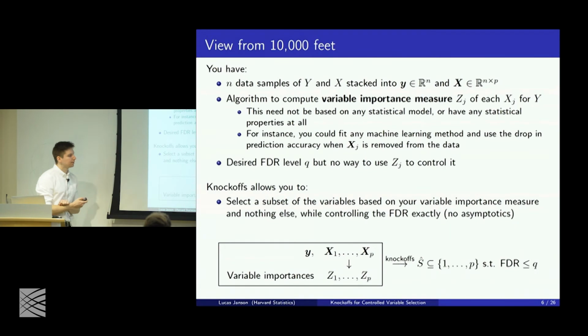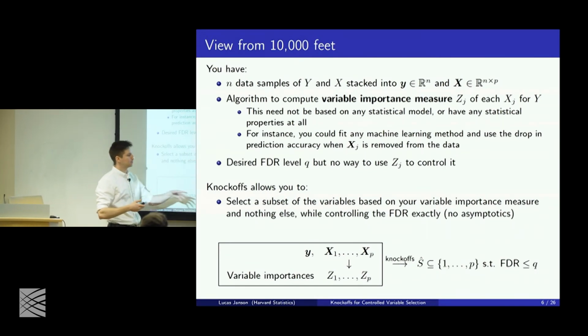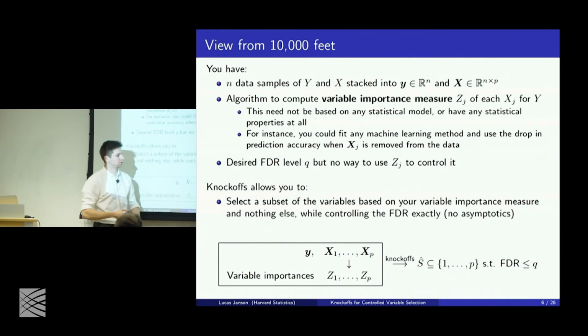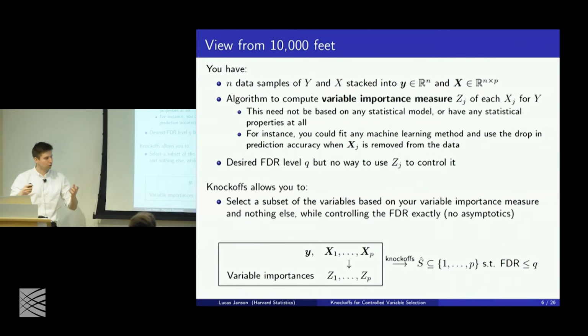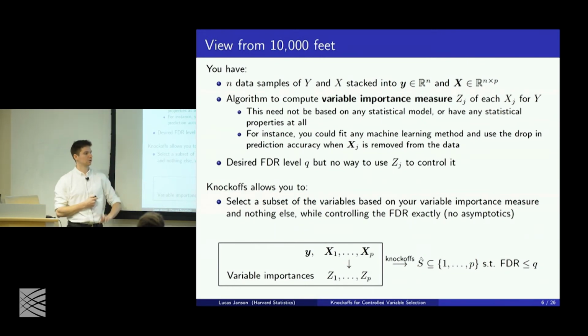And then I'm going to feed that into knockoffs. So knockoffs really just takes that box and it spits out an S hat, which is your predicted set or your estimated set of important variables. And it's going to control the false discovery rate at the nominal level Q exactly, non-asymptotically in finite samples. And for the rest of the talk, I'm going to talk about the method itself, why it works, how it works, and what assumptions I need to make.